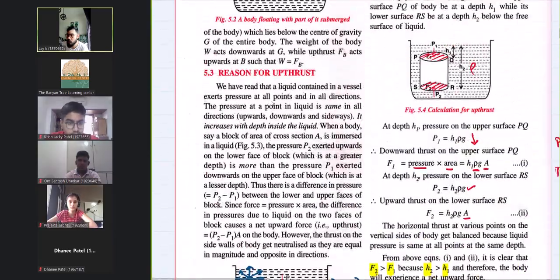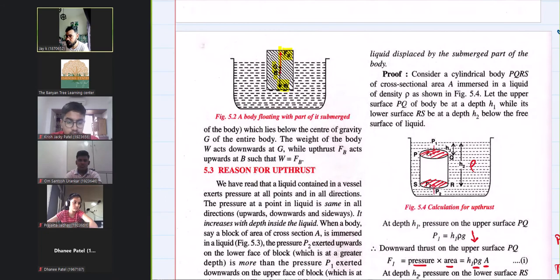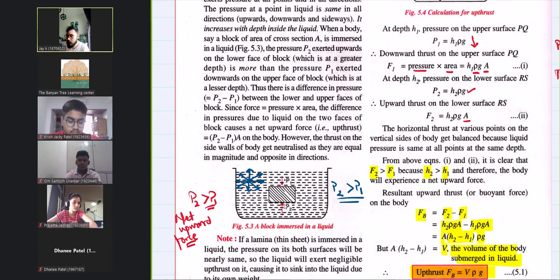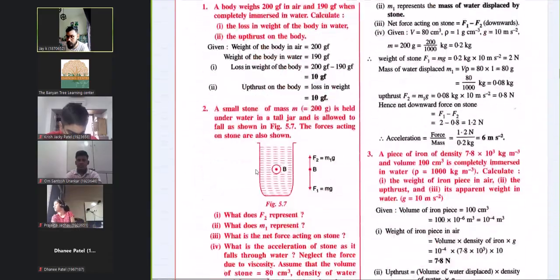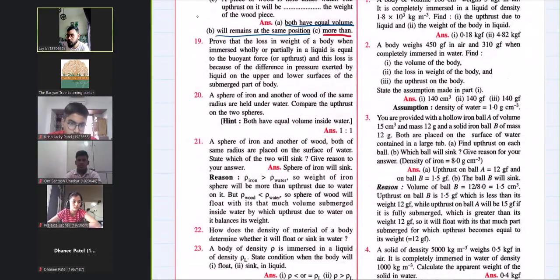The reason for upthrust: the loss in weight is due to the net upward force exerted on the upper and lower part of the body. P2 is greater than P1. We discussed this reason earlier, and they are asking to write it again. Okay, so we can do that. That's not a big deal.